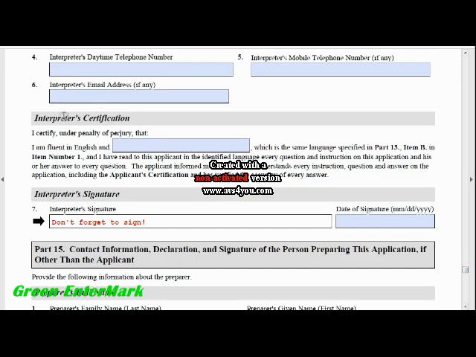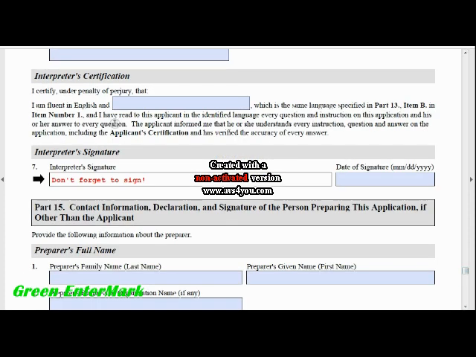The interpreter also has to sign that he is fluent in English and the other language, and sign here with the date of signature of the interpreter.